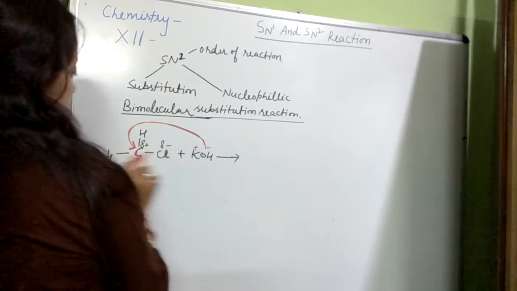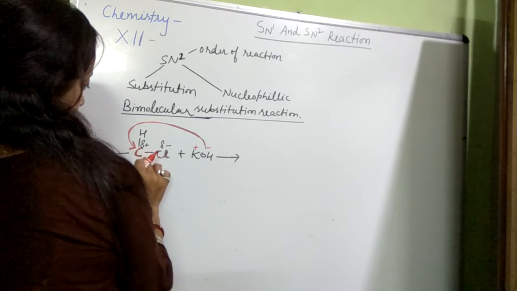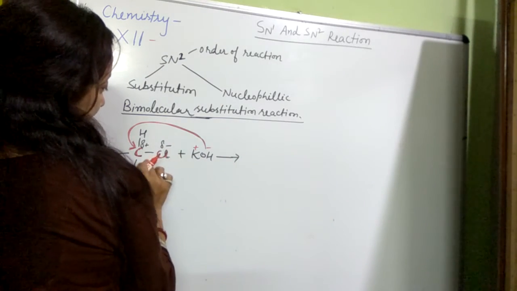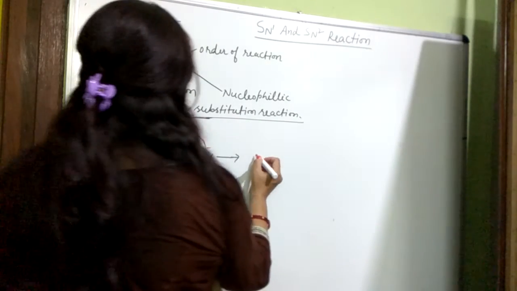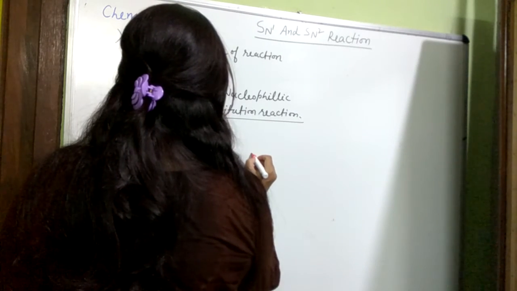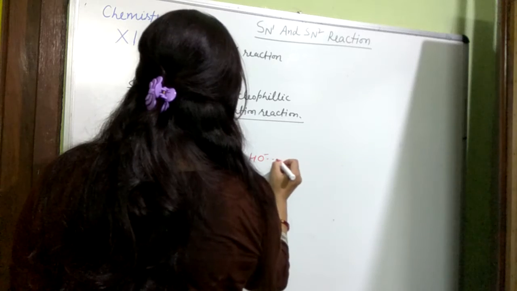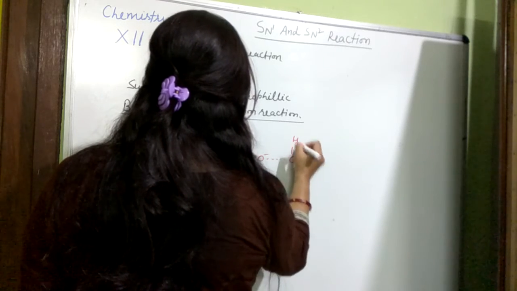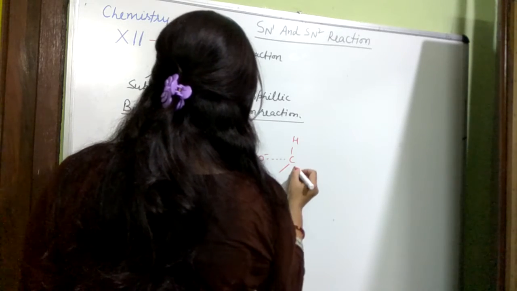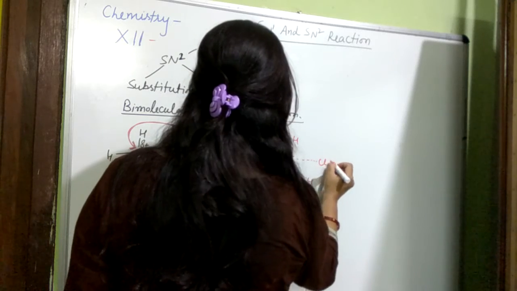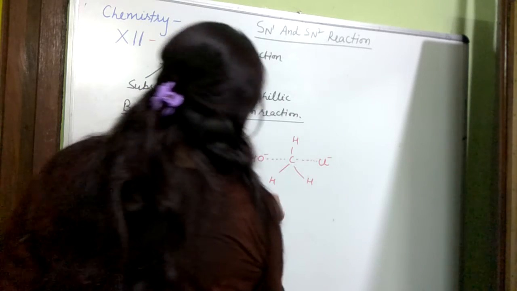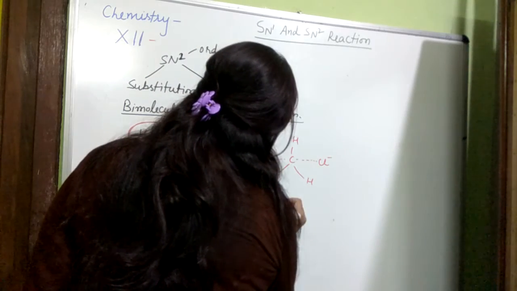When it accommodates OH nucleophile, the bond between C-Cl comes under strain and it forms a transition state. This is transition state.